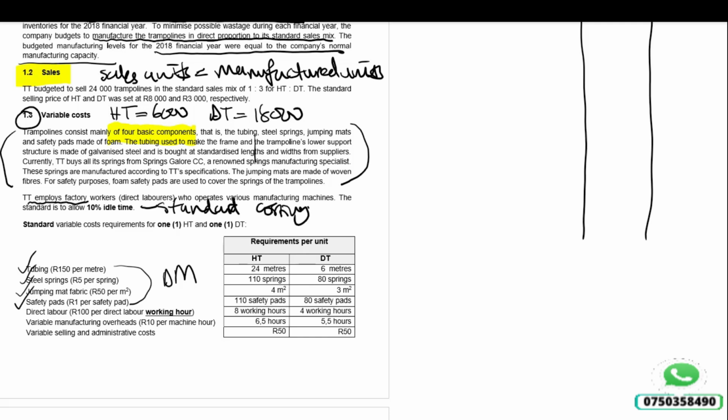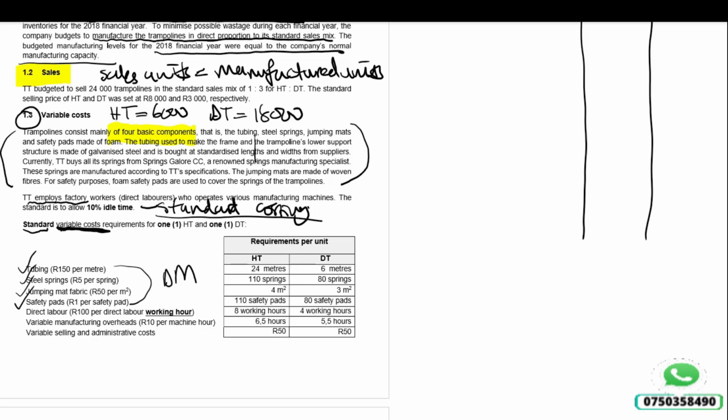This is going to be used for standard costing, which is a topic we are yet to explain. Then the standard variable requirements for 1 HT and 1 DT. So this is standard number 1, which means it is the budgeted, and it is only variable cost, right?